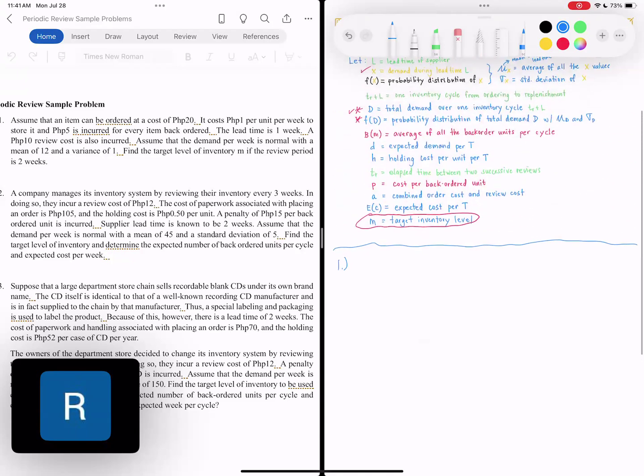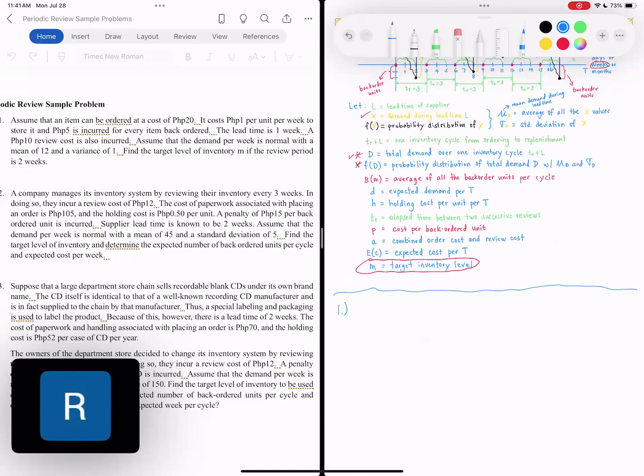If you go back to the notation, what is the notation for ordering cost? A. Okay, A. Thank you. So that we can finish, I hope if you know the answer, you just give the answer. So A represents the ordering cost, but it's the combined ordering cost and review cost.